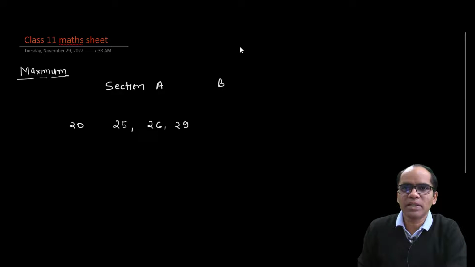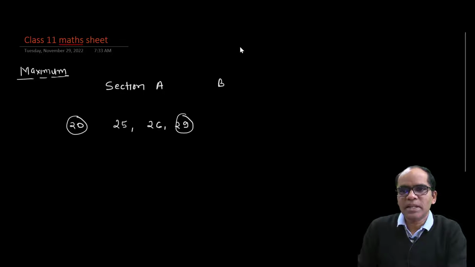In this case, what is the maximum value? The maximum value is 29 within this section. So we call this 29 the maximum value, and the lowest mark is 20. So we call this 20 the minimum marks.